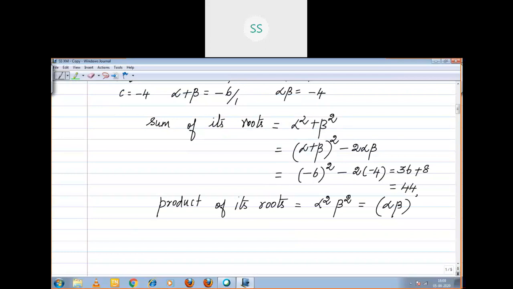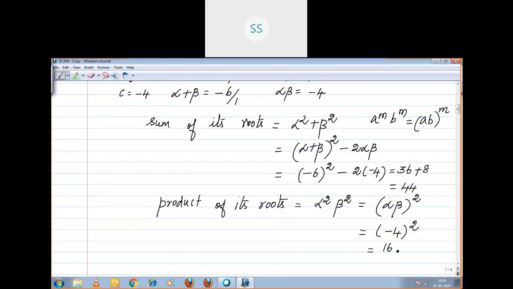Here you are applying the law of exponent, a power m into b power m equal to ab the whole power m. Here your a is alpha, your b is beta, m is 2. Now, what is your alpha beta? Minus 4 the whole square is equal to 16.